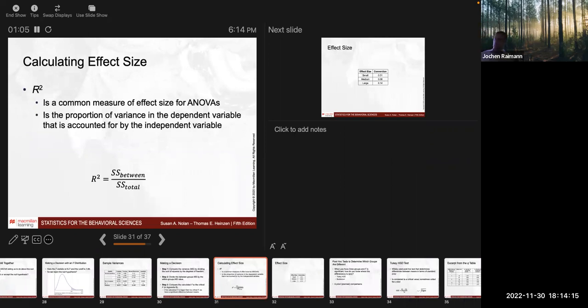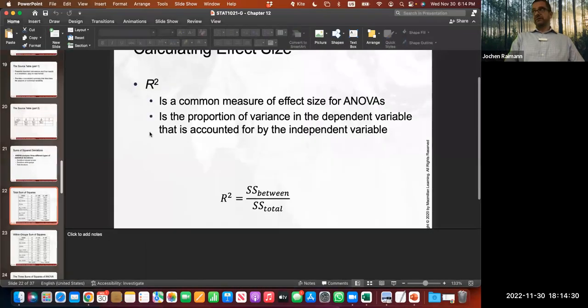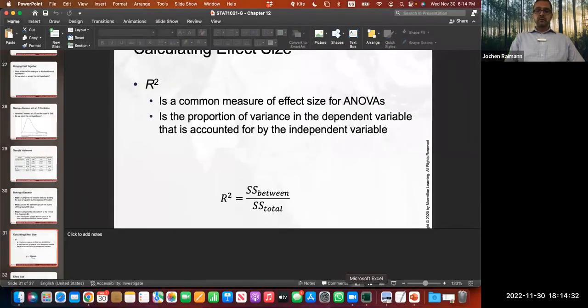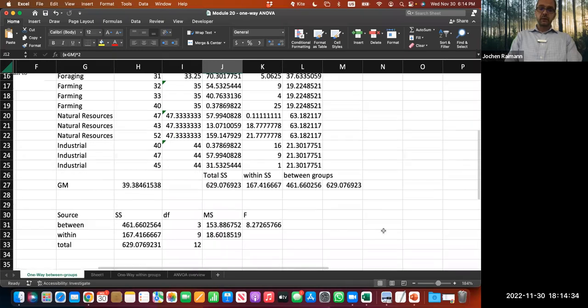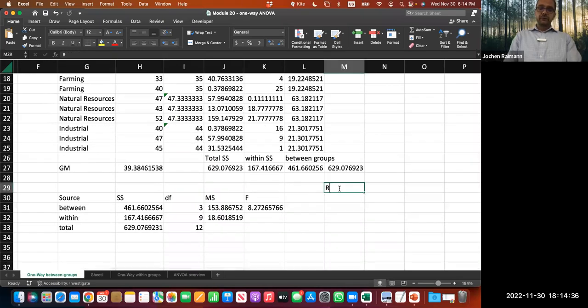So that means what part of the total variance is explained by the variance between the groups. And this is the sum of squares between divided by the sum of squares total. And this gives you an effect size for your ANOVA.